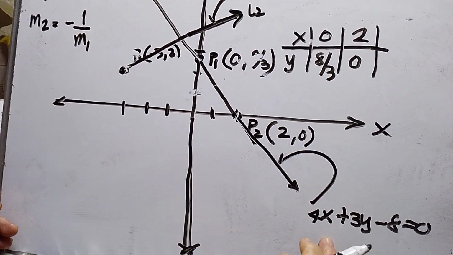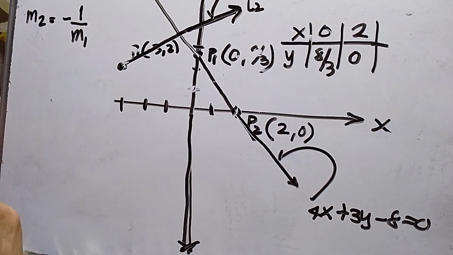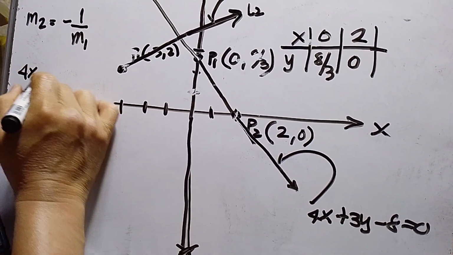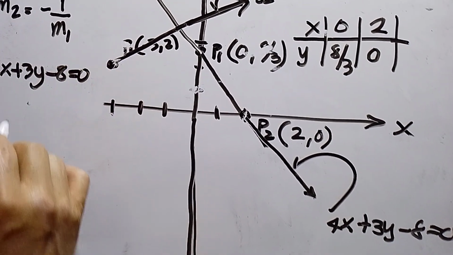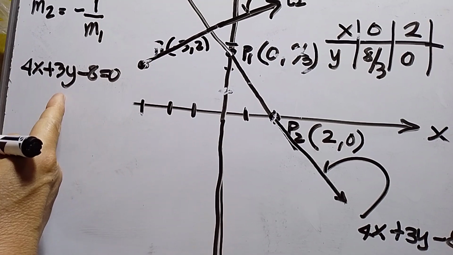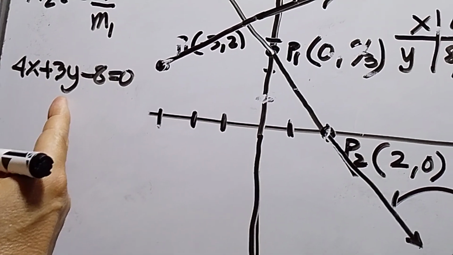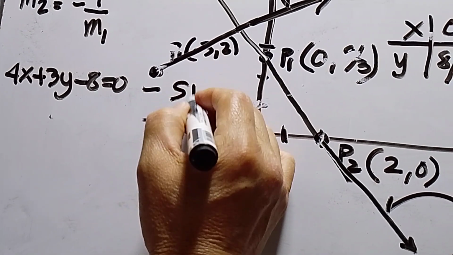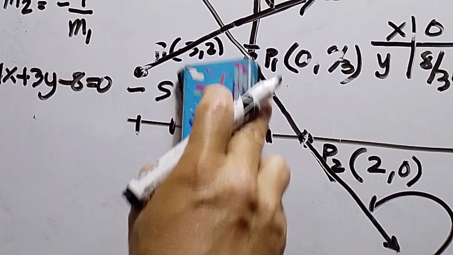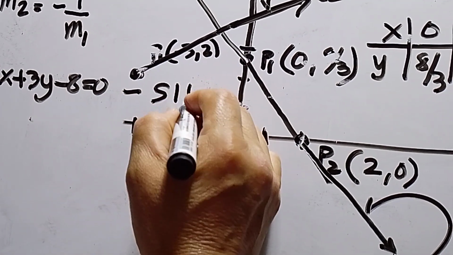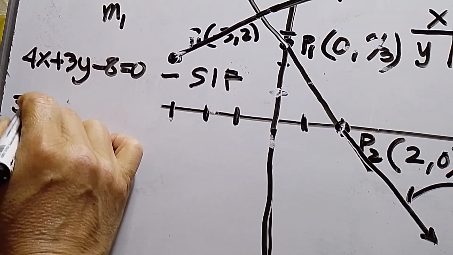So I need to solve the slope for line 1. I have here 4x plus 3y minus 8 is equal to 0. So solving by using slope-intercept form, in terms of y.